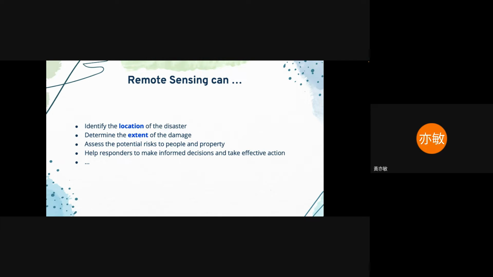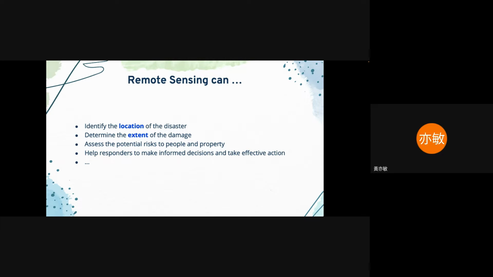The next one, you can determine the extent of the damage. Sometimes when you try to obtain the impact zone from on-site sensors, that is not good enough or not sufficient for you to determine how large the damage could be. But if you use remote sensing, it will provide you a wider, even larger area.